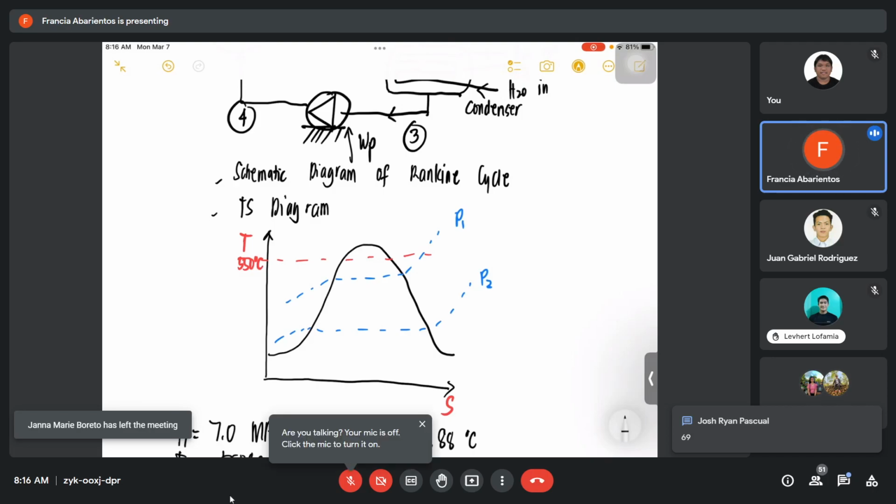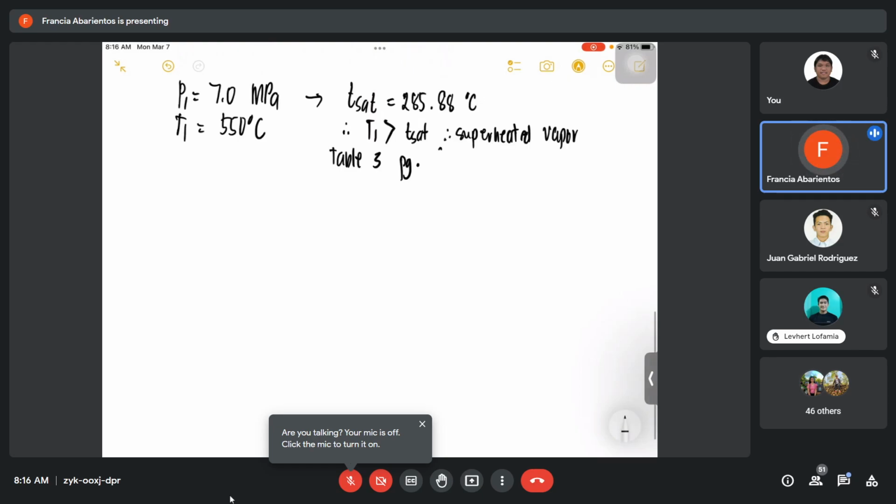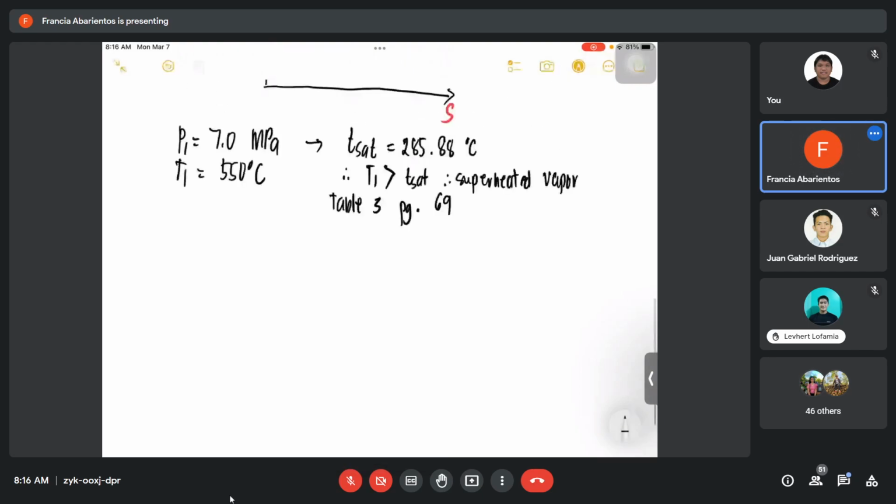Ano yung kukunin natin? Importanteng property. Okay, so finding all the cycle enthalpy and the other important properties when it comes to thermal efficiency.